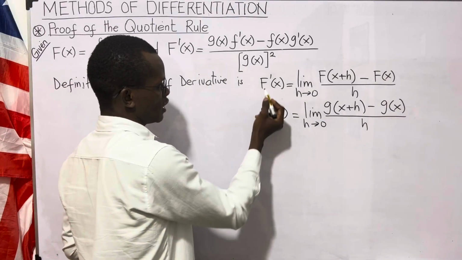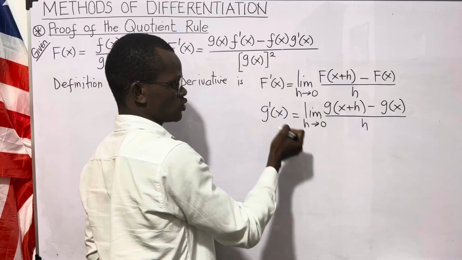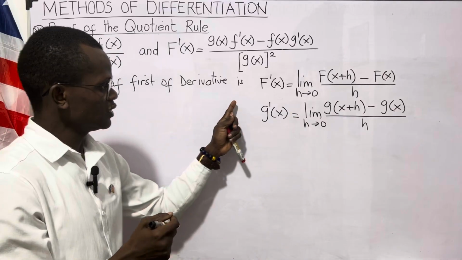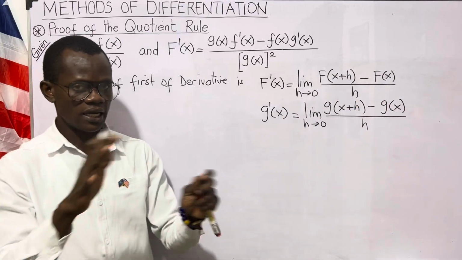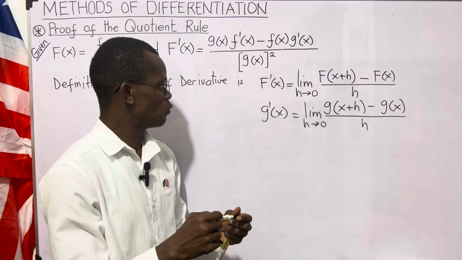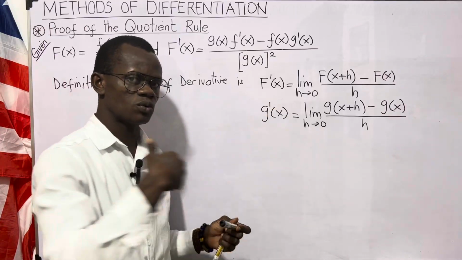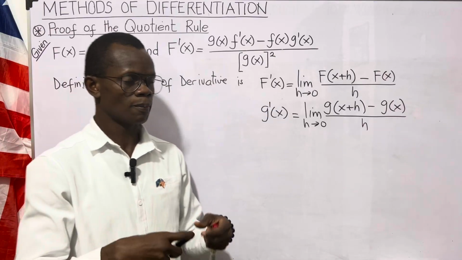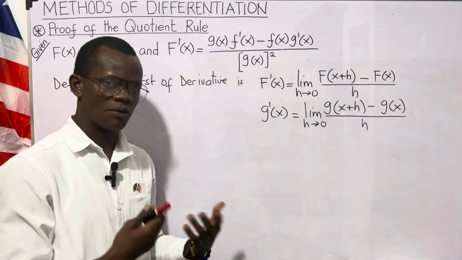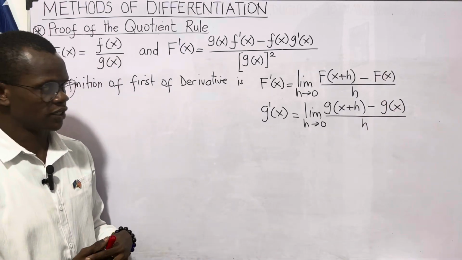We will also say, let's change this capital F of x to small f of x. So this definition can take on any other function, right? We could even say p of x, we could say q of x, we could say h of x, or whatever the case might be, right?